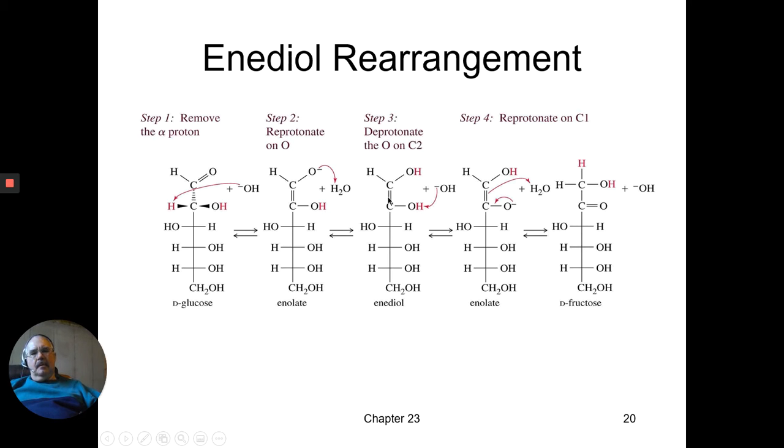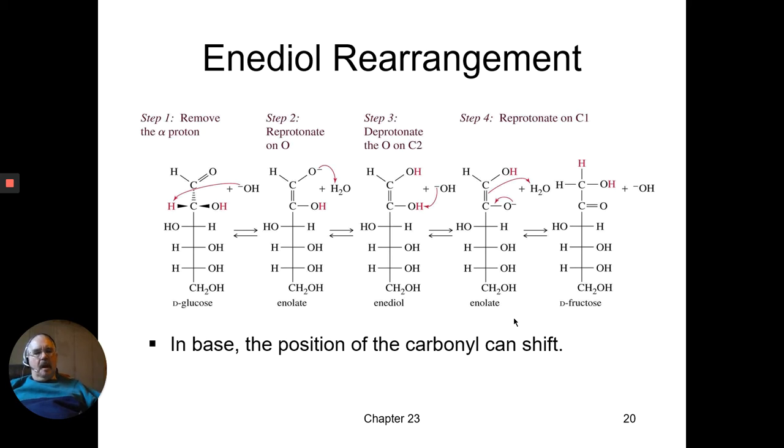It's an ene, and then both of the alkene carbons have an OH. This undergoes deprotonation by water, and then we end up with fructose. So glucose can also be converted to fructose in basic solution.